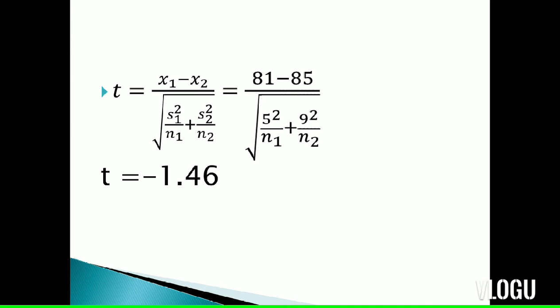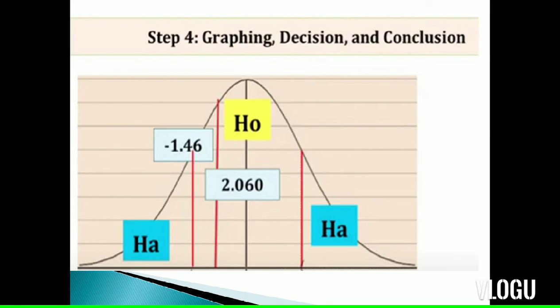Then i-substitute nimo, i-total nimo, makuha nato nga t equals negative 1.46. So ato ning i-plot. Graphing, decision and conclusion. So diri na ta magtan-aw. Ibutang nato tong kuan diri.